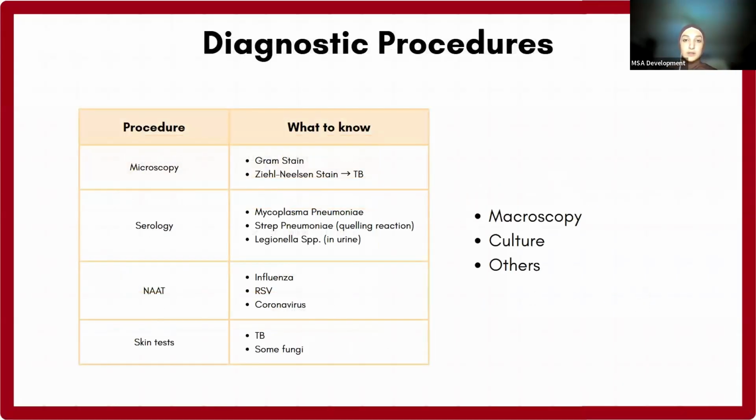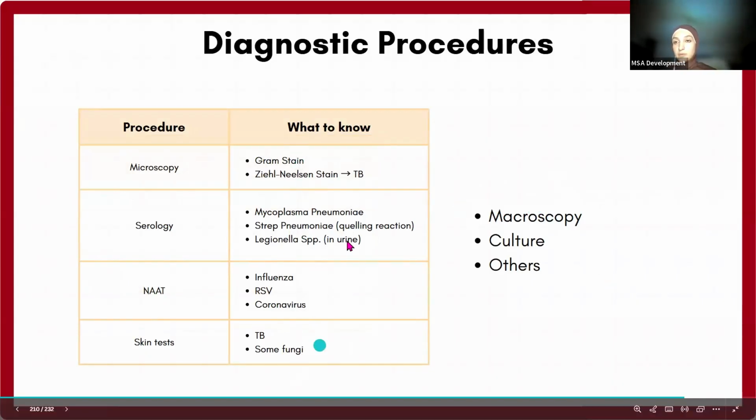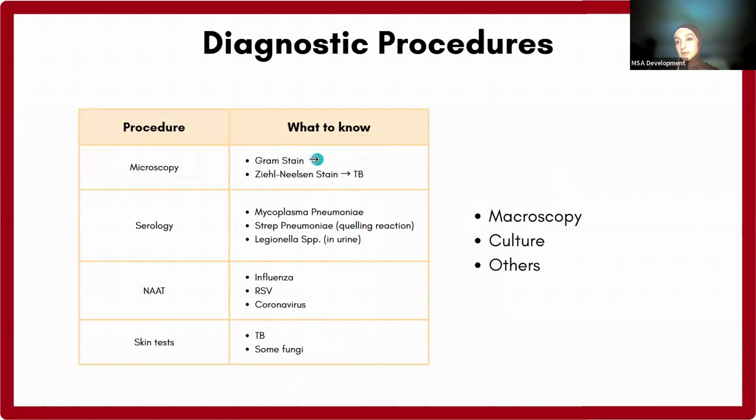Now, diagnostic procedures. There are multiple diagnostic procedures, and some of them are specific for specific types of microbes. So for microscopy, you usually use gram stain for a lot of the bacteria. However, in case of TB, we use acid-fast stain.